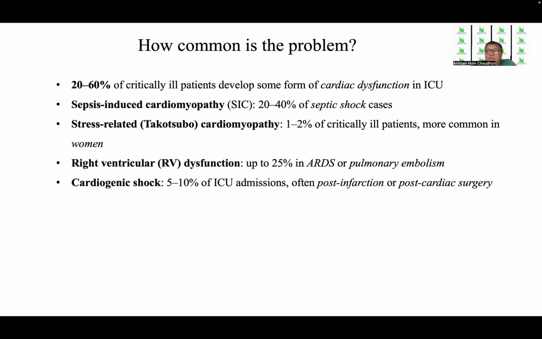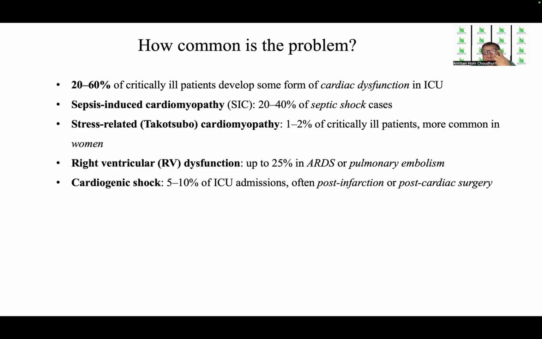Some of them may be less severe, mild, or moderate. Now, among the ones which are usually observed, a large number is sepsis-induced cardiomyopathy. A good number is because of right ventricular dysfunction, particularly in patients with ARDS or pulmonary embolism.